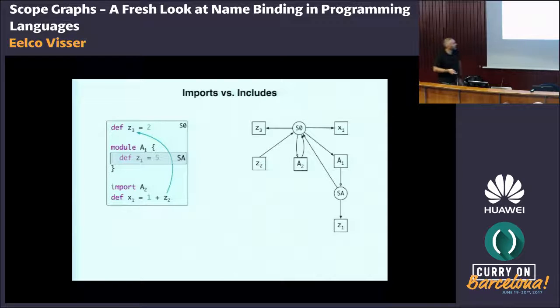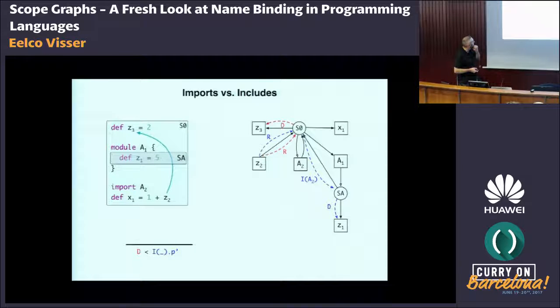All right, so here's another variant. We said imports shadow parents, but we can also say that instead of imports, we have includes. Let me reconstruct. What is this about? This is about the situation where we want to resolve Z2, and we could either resolve it to something in our own scope, or in a module that we import.